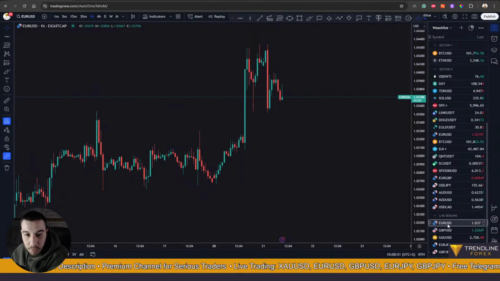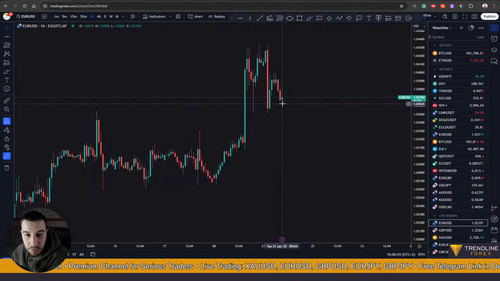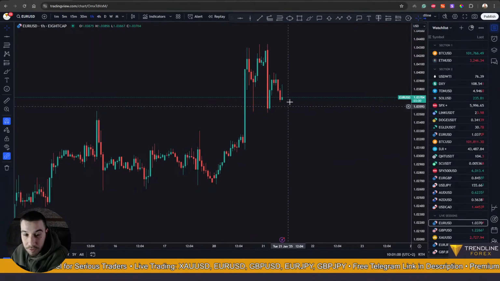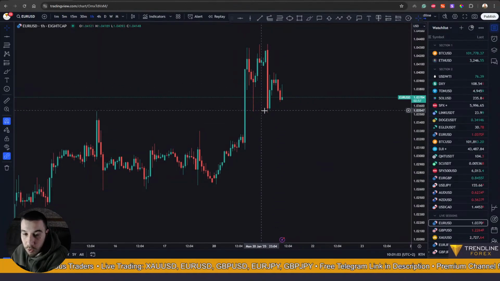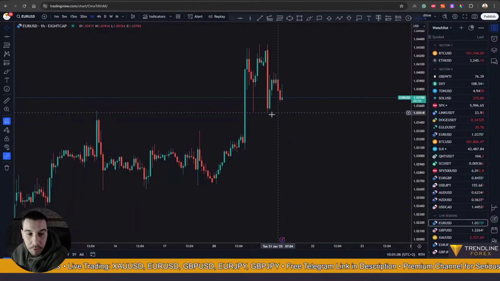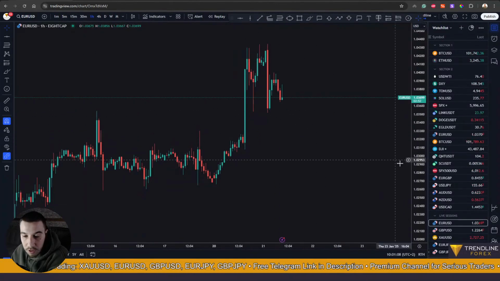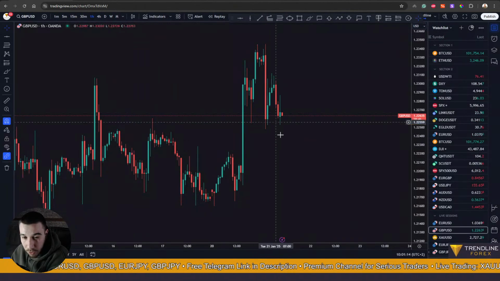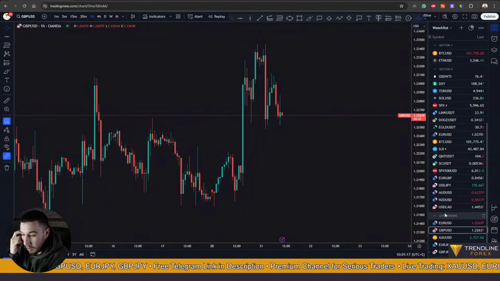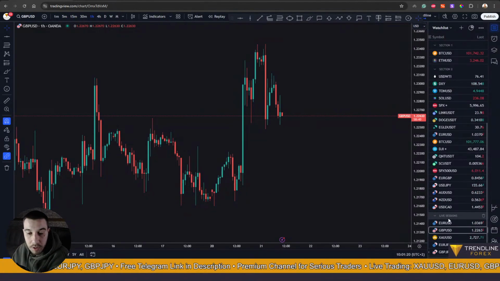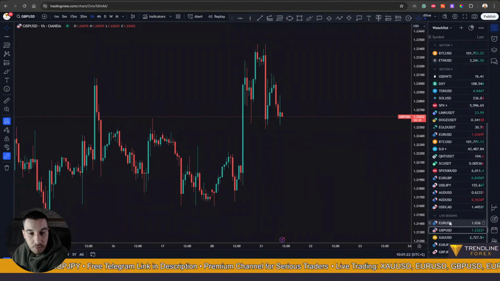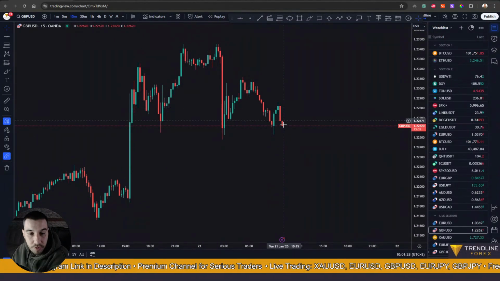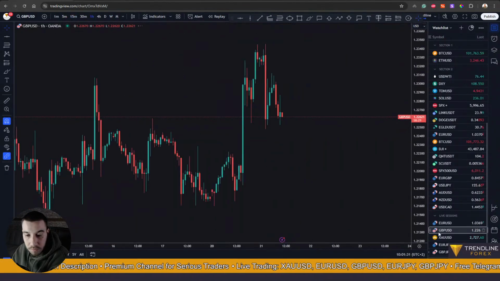Just by looking at the 1 hour time frame, it would be really nice if we form some rejection wicks below this structure right here. If that happens, this is going to be great. Another one of those wicks will do for me to basically retest some lower levels here. That would be ideal. And then obviously we need to see some rejection of those levels as well in order to be looking for potential buy positions. But yeah, this is what I'm expecting to see here on pound dollar and euro dollar. Just another move to the downside is what I really want to see.